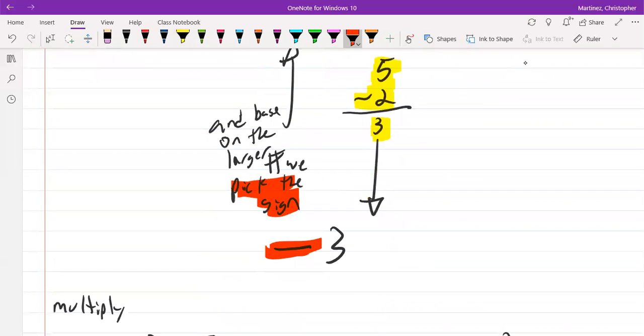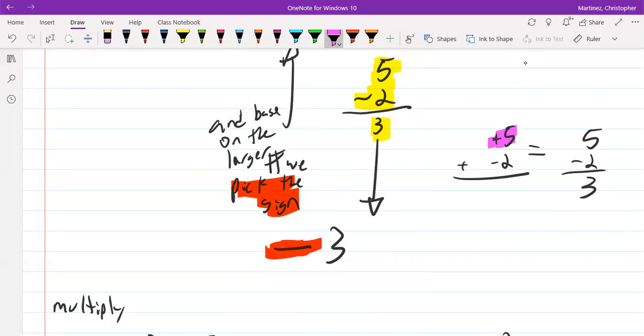So that -5, that's the item I'm using. I'm using -3. So instead, if we had a +5 plus a -2, well, we do this as being 5 minus 2. I get a 3. How do I know which sign I'm keeping? I'm keeping the sign of whatever had the highest magnitude. So here it's going to be a +3.